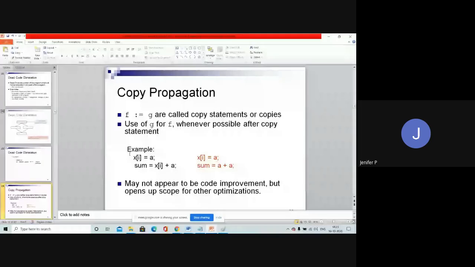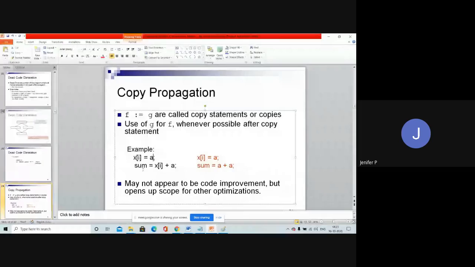We have seen the code motion, right? So these are the various optimization techniques. And the next one is copy propagation, very simple, like constant propagation. See here, x of I is equal to a, and sum is equal to x of I plus a.